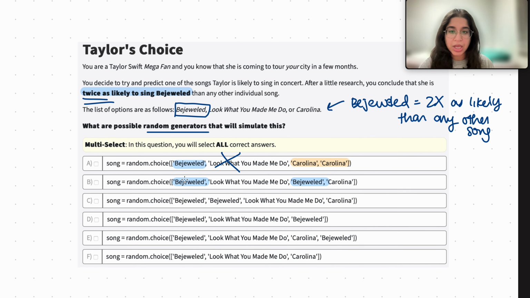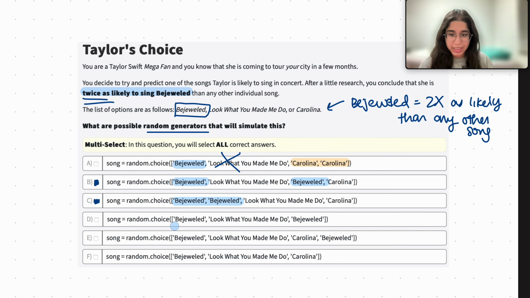So answer choice B is correct. In answer choice C, again it shows up twice, and all the other songs also occur. Similar reasoning to choice B, so choice C is also correct.